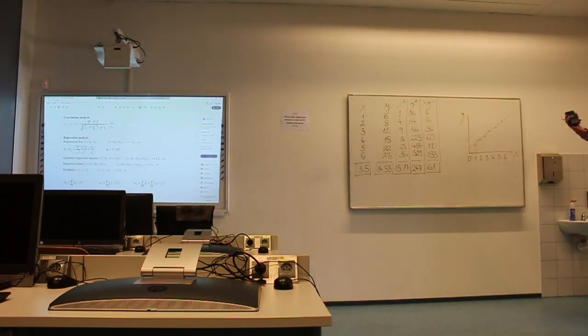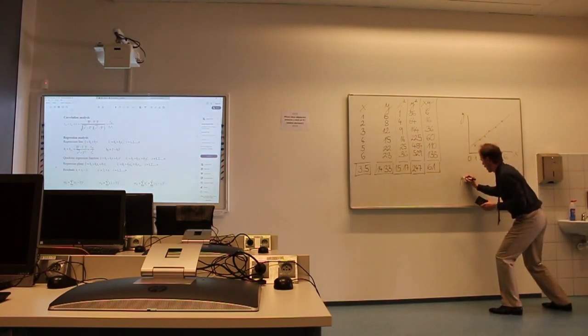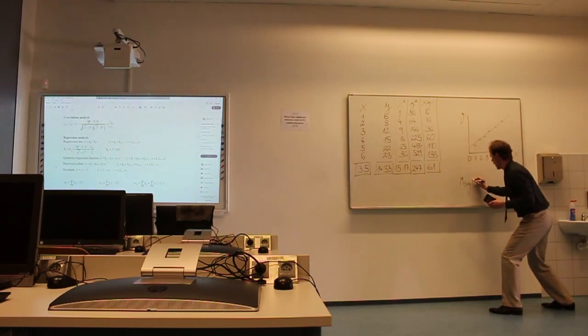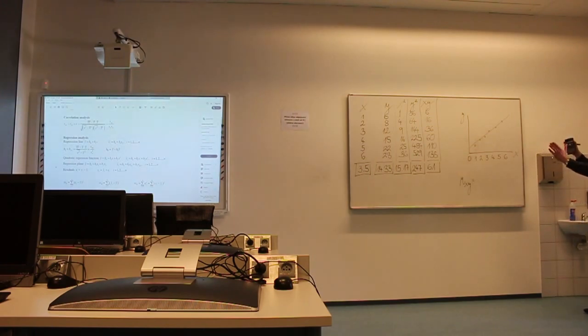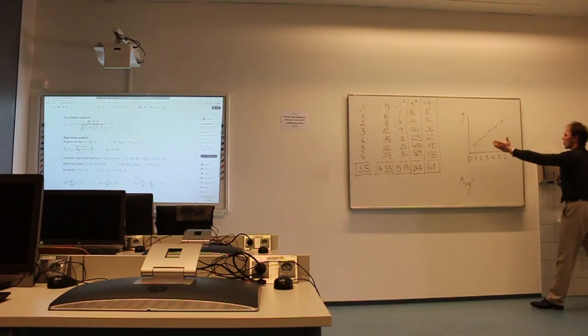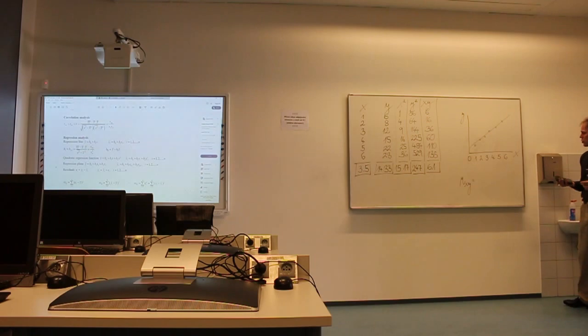Okay, so that's all, and now we can calculate the correlation coefficient R_XY, the correlation between the number of persons in the household and monthly expenditures.